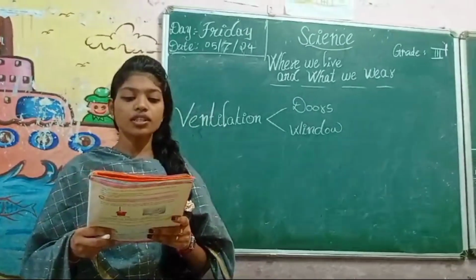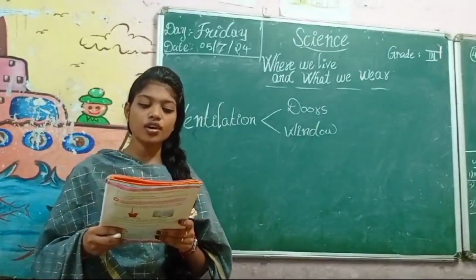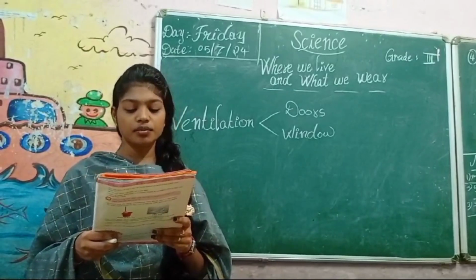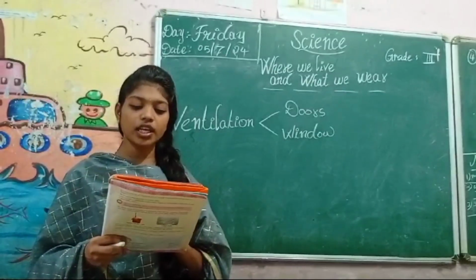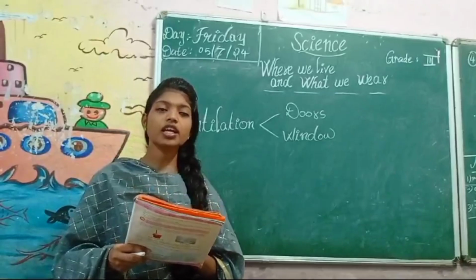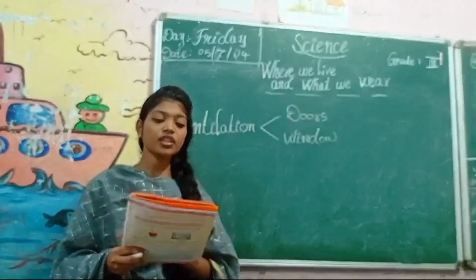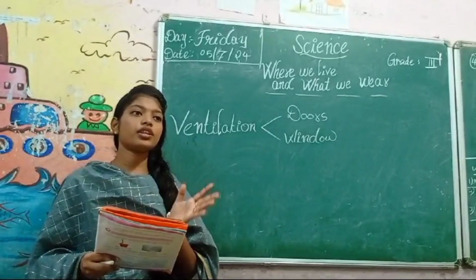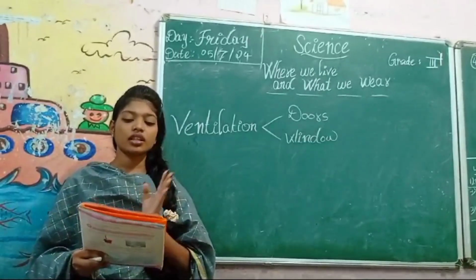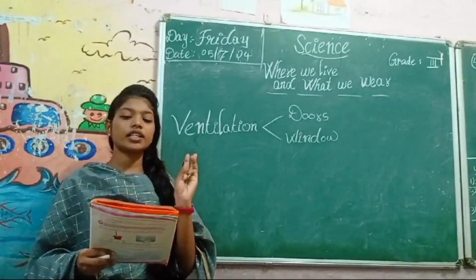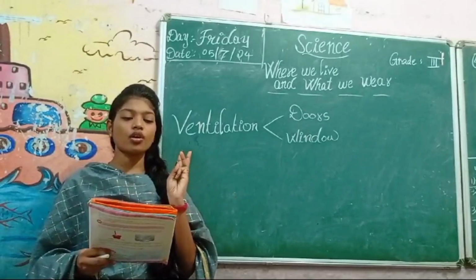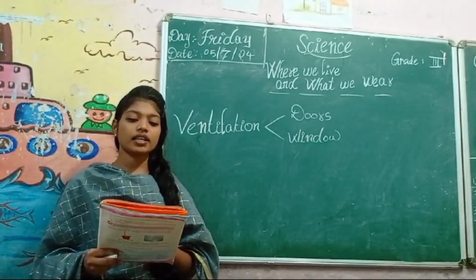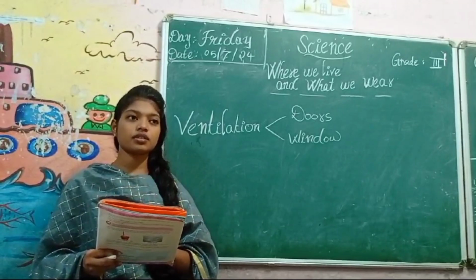Then, doors and windows also let in sunlight, which kills germs. It is important to keep our house free of germs. From the beginning we say we need to live in a house that is clean, gets a lot of fresh air and proper sunlight, and is free of germs.